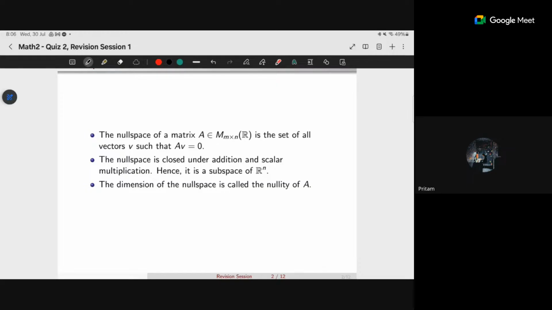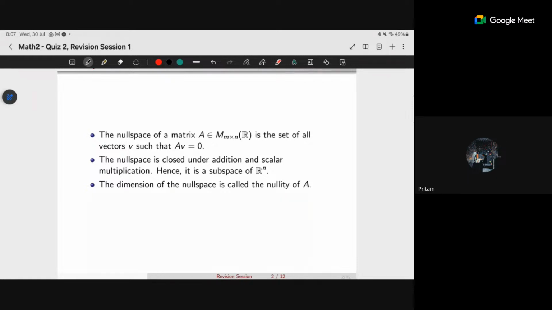So given a matrix A, all the vectors V such that AV is equal to 0, this set is called the null space of the matrix. In other words, it is just the solution space for the homogeneous system of equations for which A is the coefficient matrix.